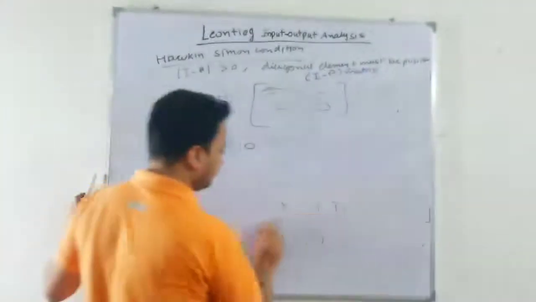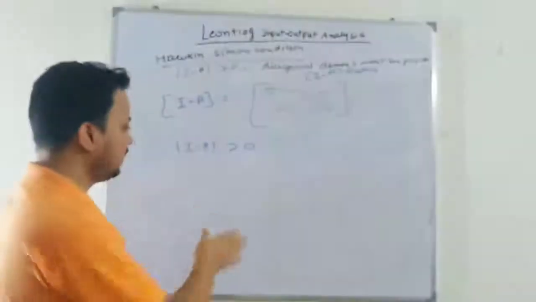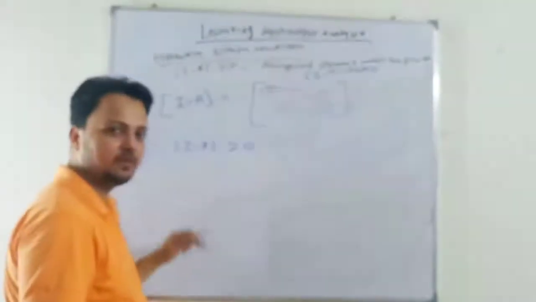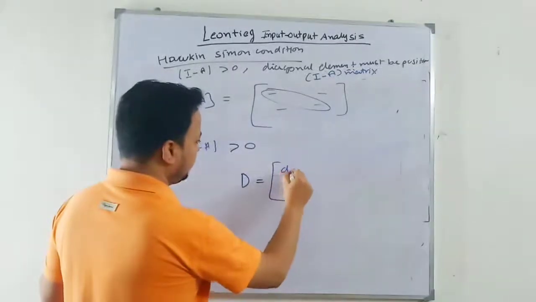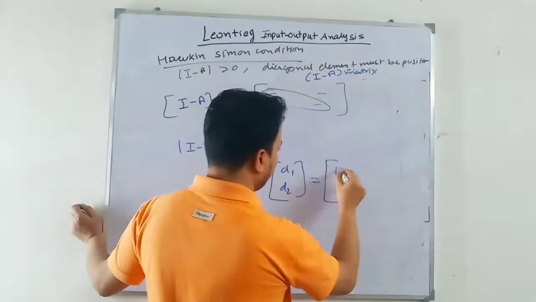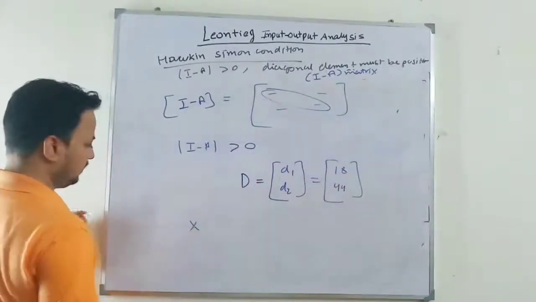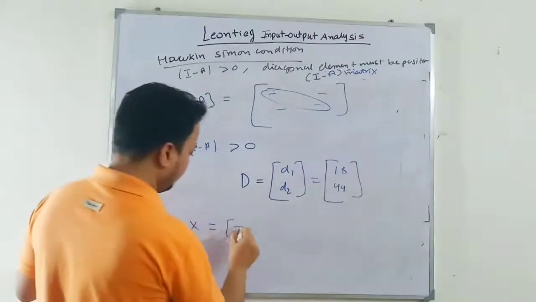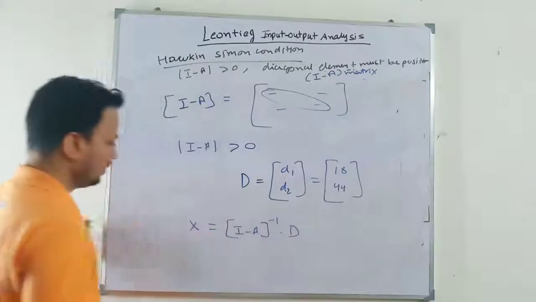We want to see how the production of industry 1 and 2 changes when demand changes. The demand of industry 1 and industry 2 changes to 18 and 44, if I remember correctly. And I use this formula x equal to I minus A inverse into D. So this is the technology.